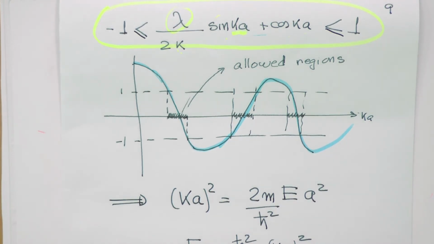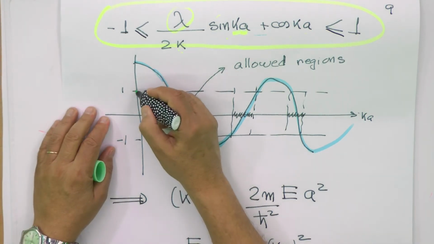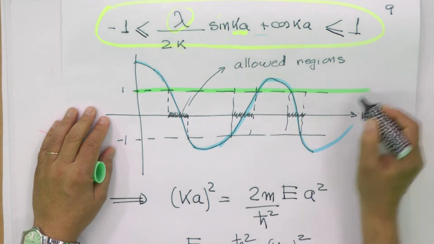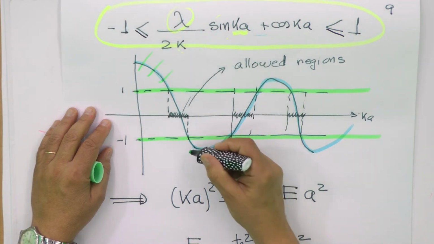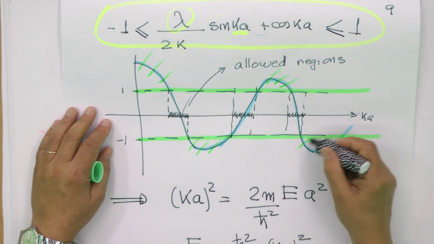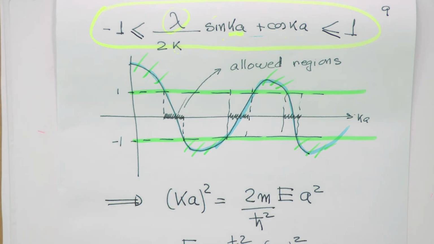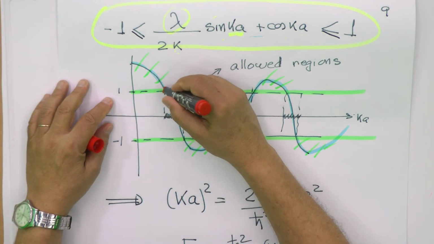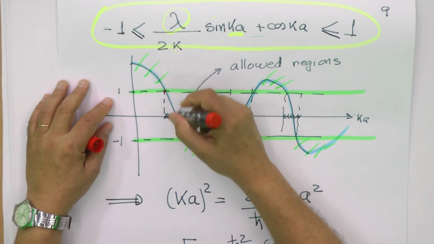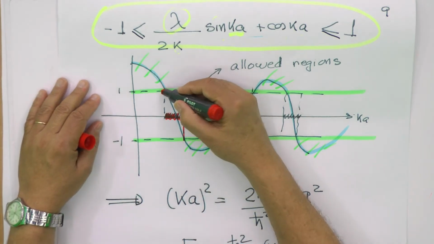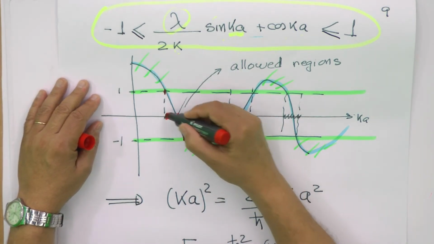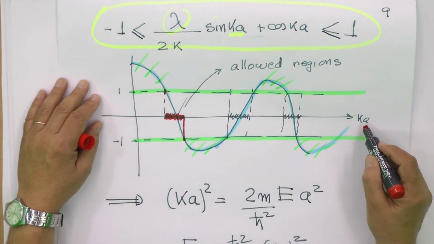Now, we said that this must be bound to plus 1 and minus 1. So this part of the plot here cannot exist. These energies compatible with this part cannot exist. The only parts that can exist are the ones bounded between 1 and minus 1. So from here to here, which is this interval of Ka.